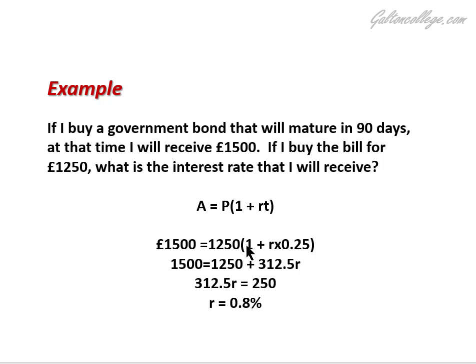So 1250 into 1 goes in 1250, 1250 into this sum here goes in 312.5 R. So now we take this away from here, and that gives us 250. So we've got 312.5 R equals that. Divide by 312.5, and we get 8%.